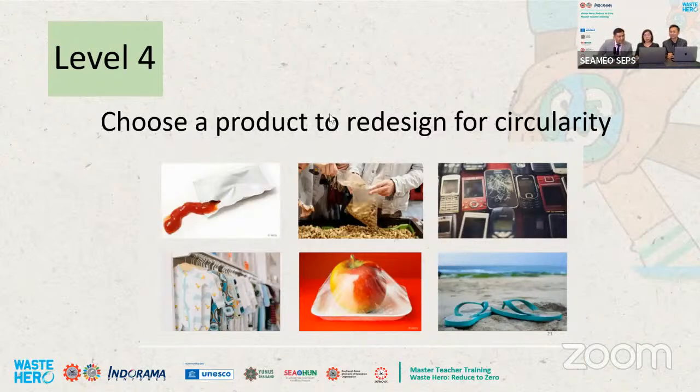Students are going to choose a product to redesign for circularity. Normally these businesses create a lot of waste for our planet. How do we redesign this business into a circular economy?